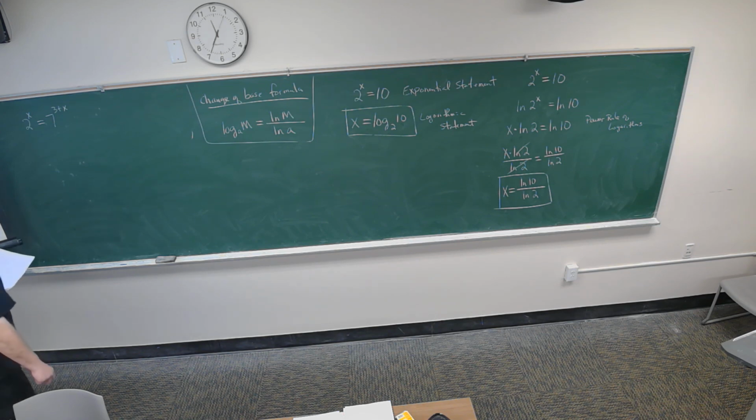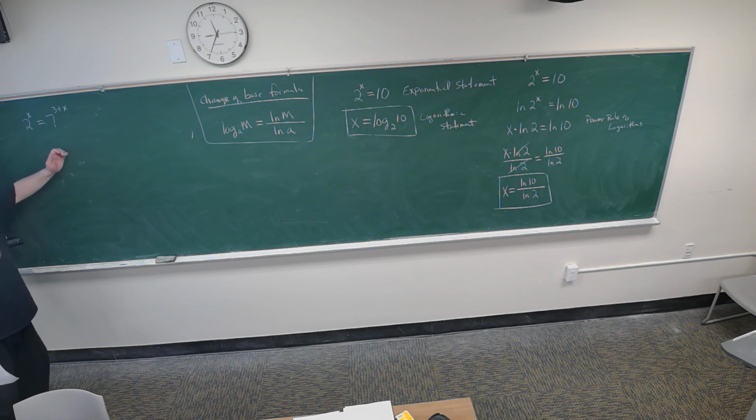Now back in section 5.1, right, and you had a quiz on this yesterday, we learned about the one-to-one property of exponentials, right? And this is an exponential on the left is equal to an exponential on the right. X is in the exponents, okay? And if the bases of the two exponentials are the same, you can equate the exponents, right?